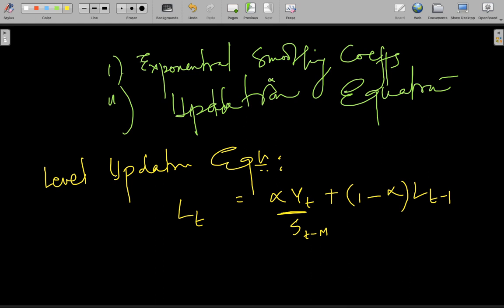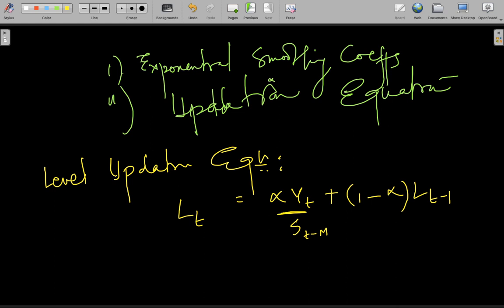The moment you divide by the seasonality index, you have deseasonalized the observation, and you add a component of level by deseasonalizing this observation. So what you get at the end of the day is a new level Lt.